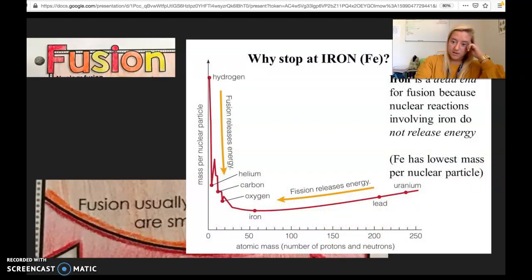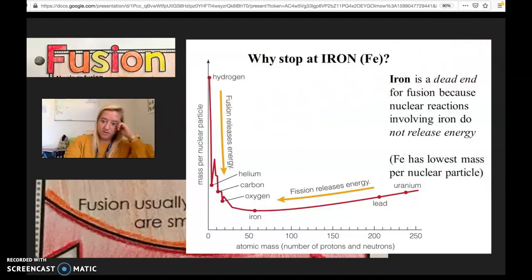This is because iron is a dead end for fusion, because nuclear reactions involving iron do not release energy. The mass per nuclear particle is just too low to be able to fuse the two elements together.